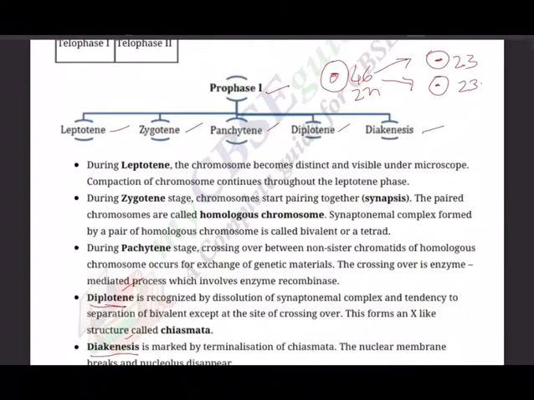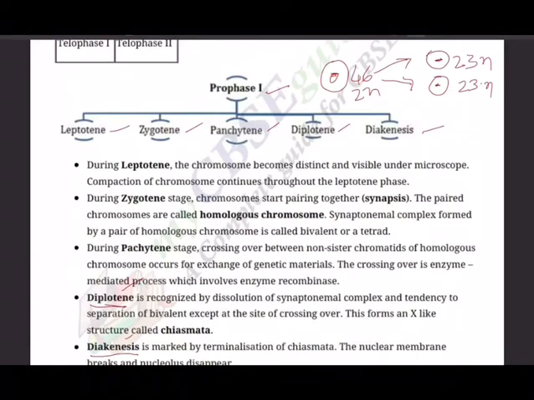So that means 46 becomes 23, we call it haploid number. So at the end of meiosis 1, since we are getting two daughter cells with haploid numbers, we call meiosis 1 RD, reductional division.